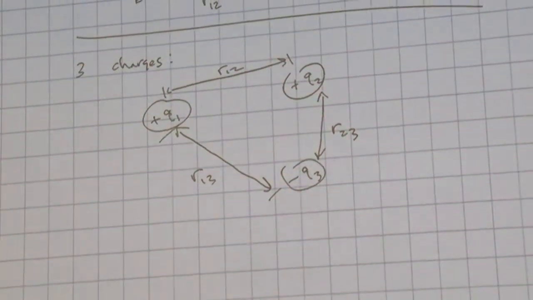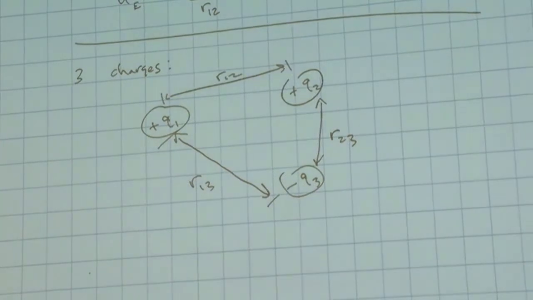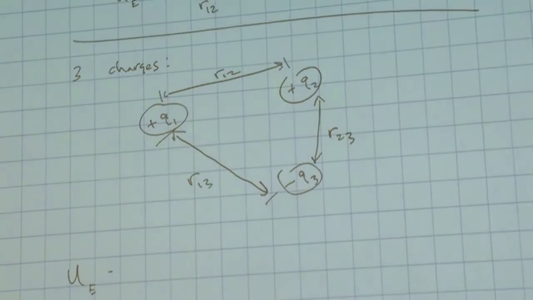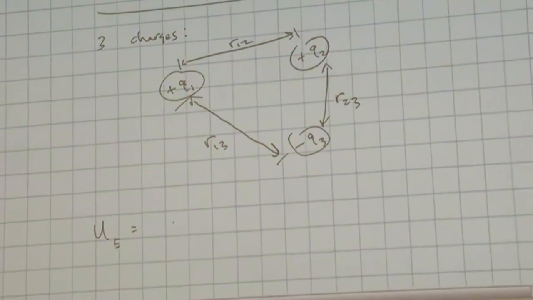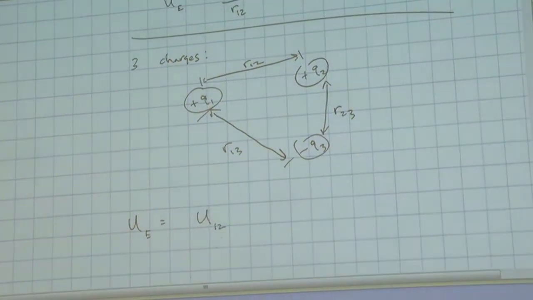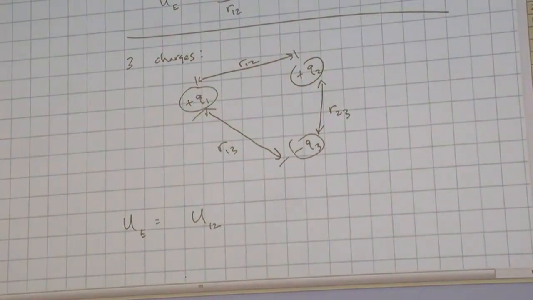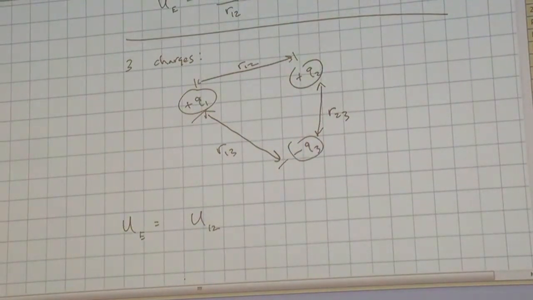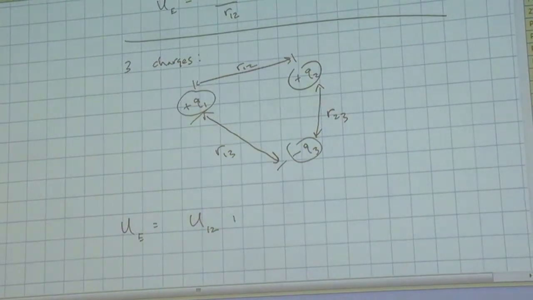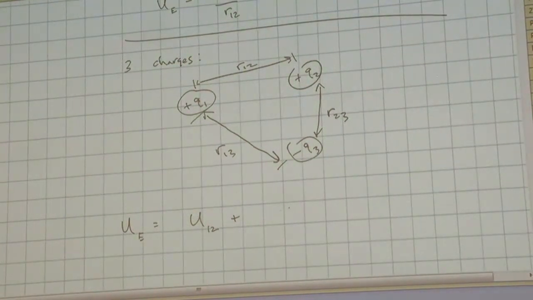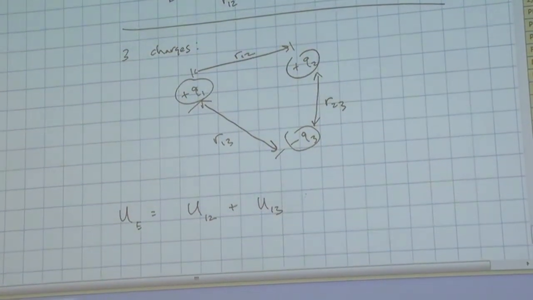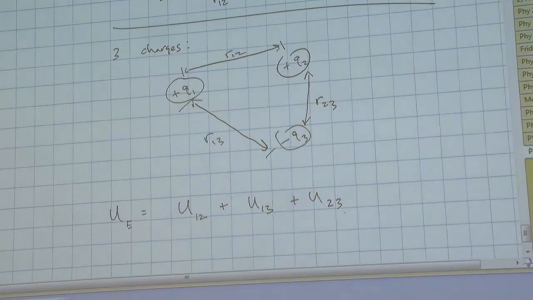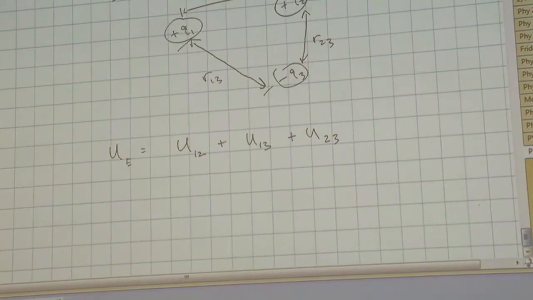So we say we're bringing in Q1. It doesn't cost us any work. We bring in Q2. We have to do work against 1, right? So we get this term, the potential energy between 1 and 2. Then we bring in 3. And 3 is going to have two terms. It's going to have a term with charge 1 and a potential energy with charge 2. So we end up with these three values.